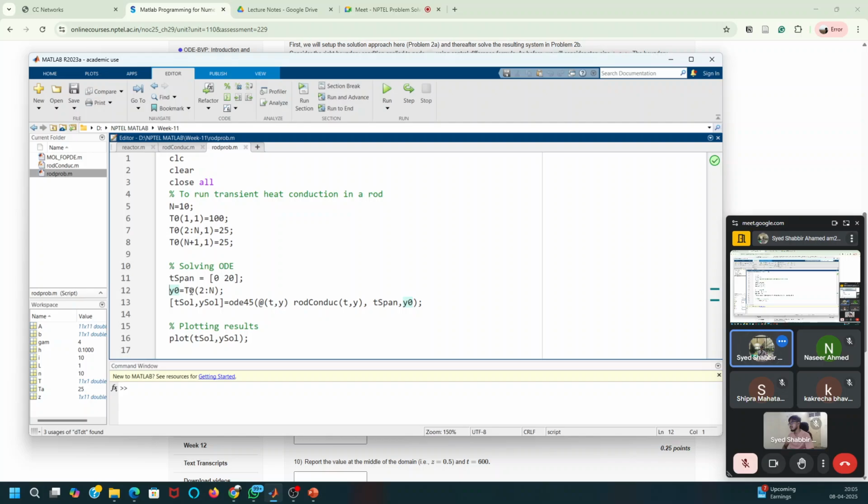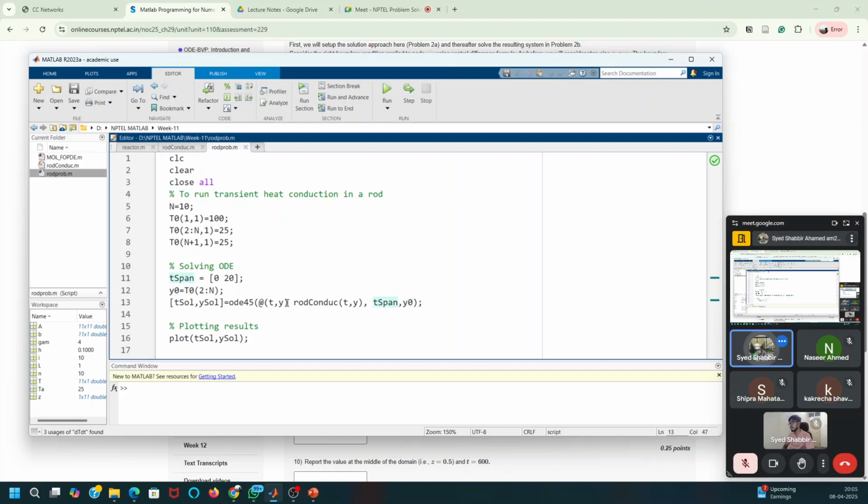Like y naught is equal to, so this is the initial condition which we have to give. The temperature at 2 to n is initially 25 degrees, which we are giving in the ODE45 solver as the initial condition.